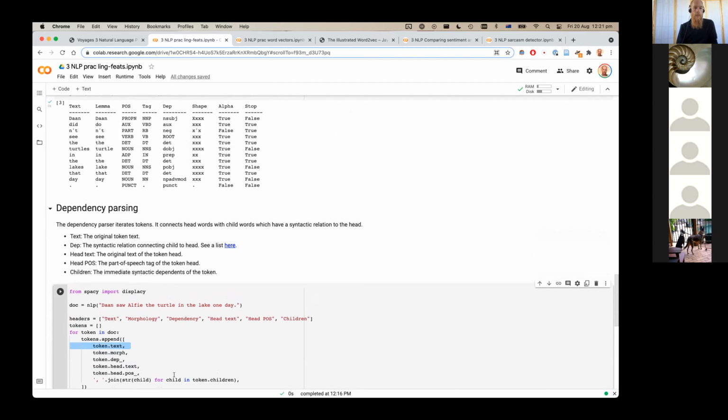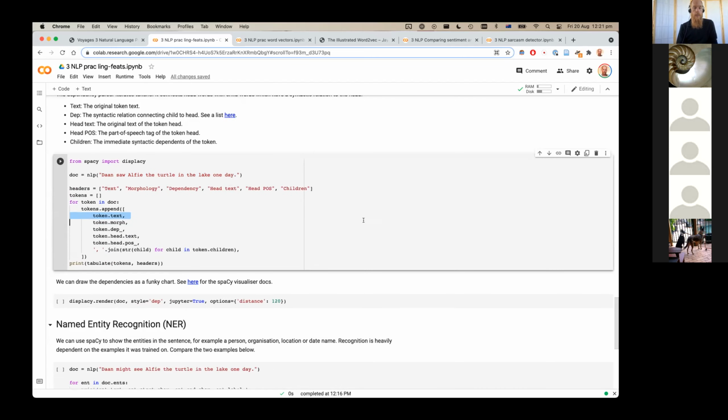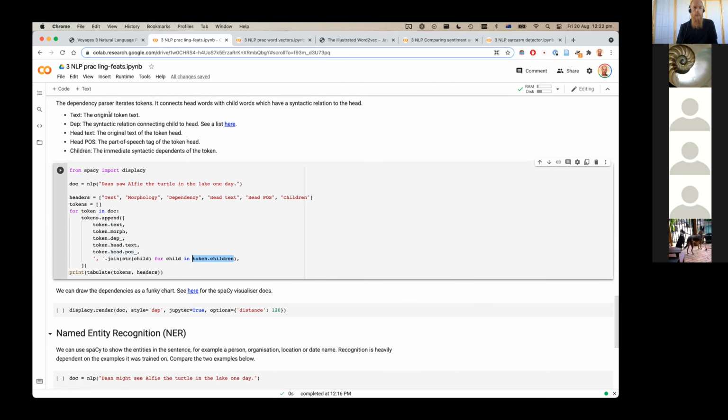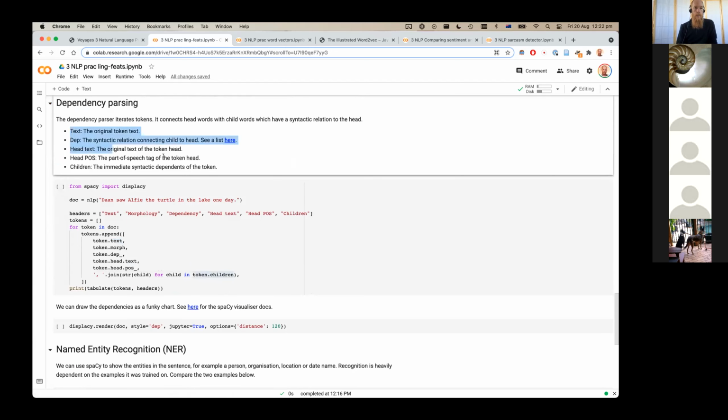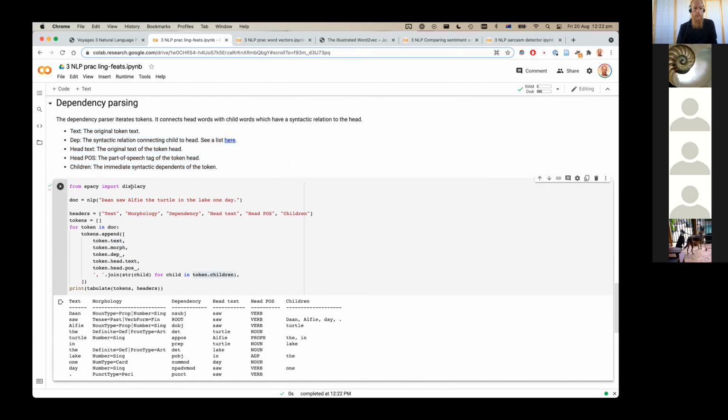And now that we're doing the dependency, we also want to look at the head words that are related to each token, the part of speech tag for the head word, and then we can also look in token.children for child words for each of the tokens. So there's a list there of what those things mean. We'll run that.